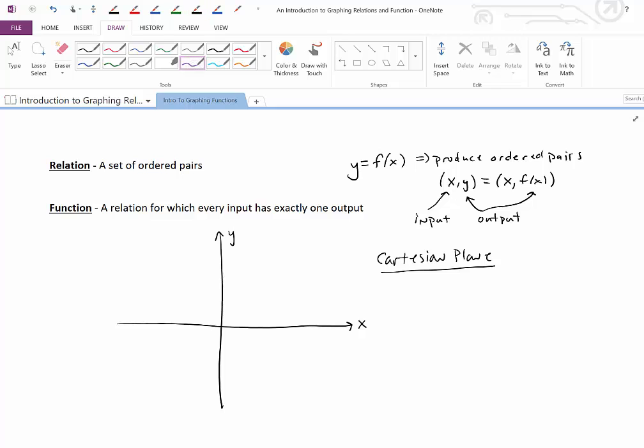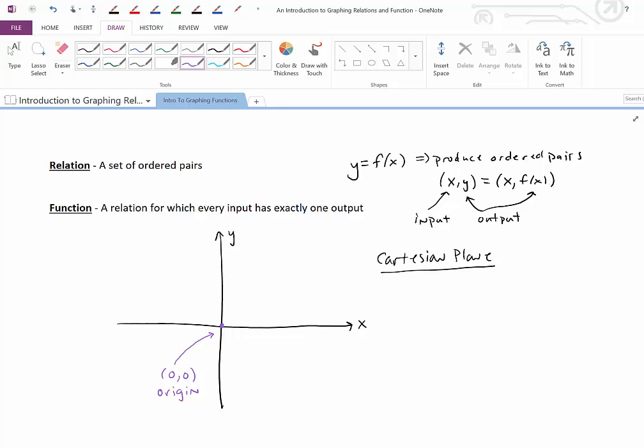Well, we set up a coordinate system such that we measure where these points are in the plane relative to some location. And that location is this spot where these two axes intersect. That point right there is the point 0, 0, which we call the origin. And all of the other ordered pairs that we measure are relative to this spot.